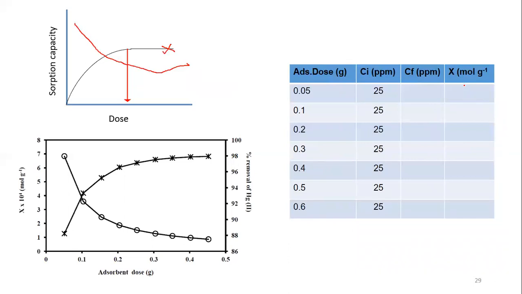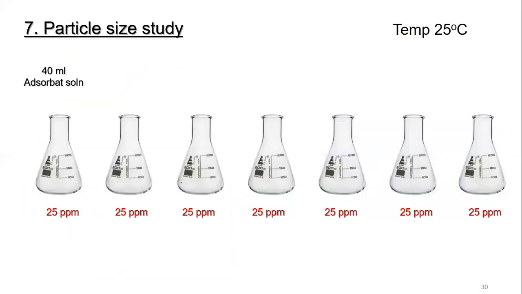Then you have to find out the absorption capacity and plot it. You have the choice to plot absorption capacity versus adsorbent dose or percent removal versus adsorbent dose. Okay, but for percent removal, it's like this. So that's your choice. Then we have a particle size study.